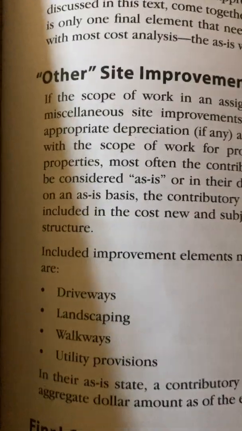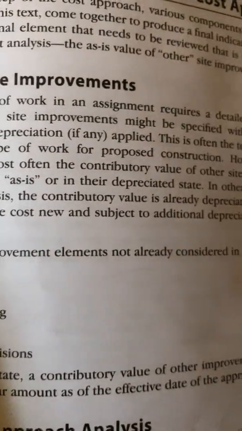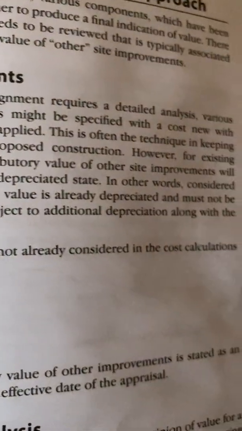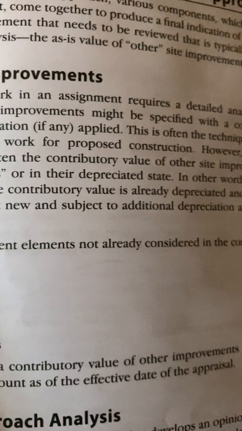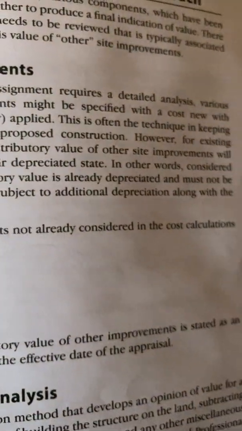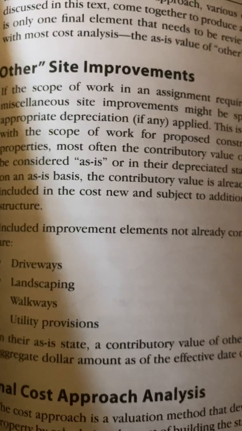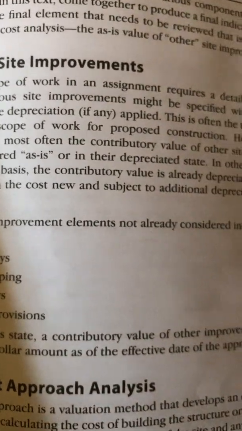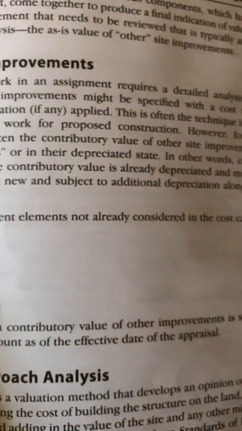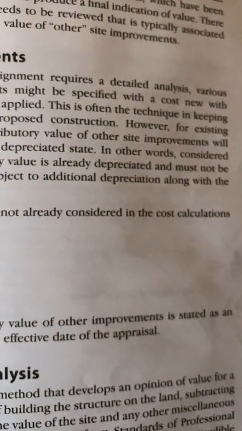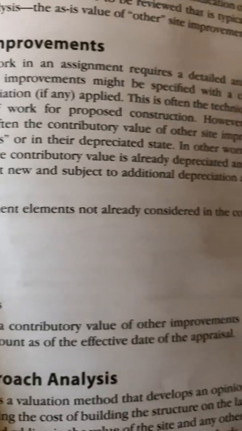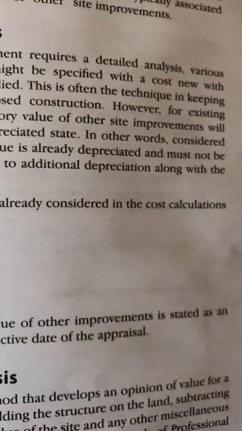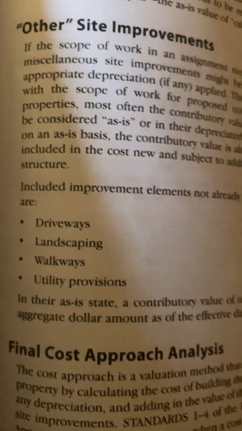However, for existing properties, most often the contributory value of other site improvements will be considered as is or in their depreciated state. In other words, considered on an as-is basis. The contributory value is already depreciated and must not be included in the cost new and subject to additional depreciation along with the structure.